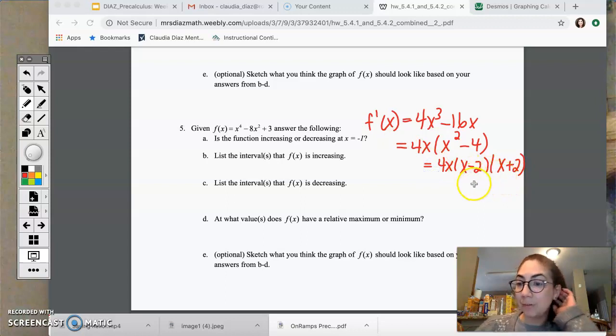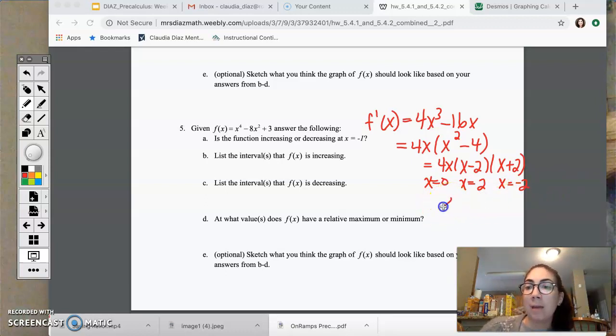Remember, we have to set it equal to 0, so we need to find all the zeros. This one is x equals 0, this one is x equals 2, and this one is x equals negative 2. And we're going to put those values on the number line. So I got negative 2, I got 0, and I got 2.